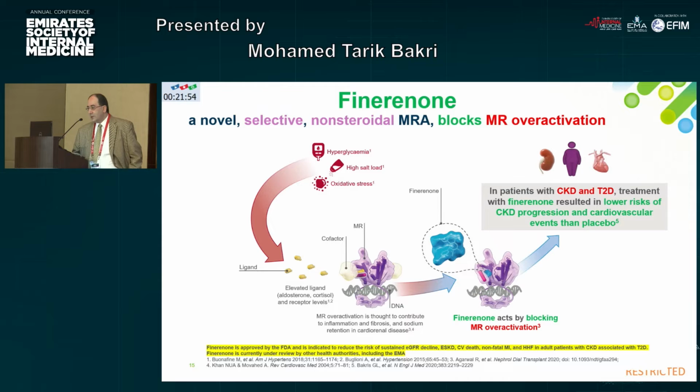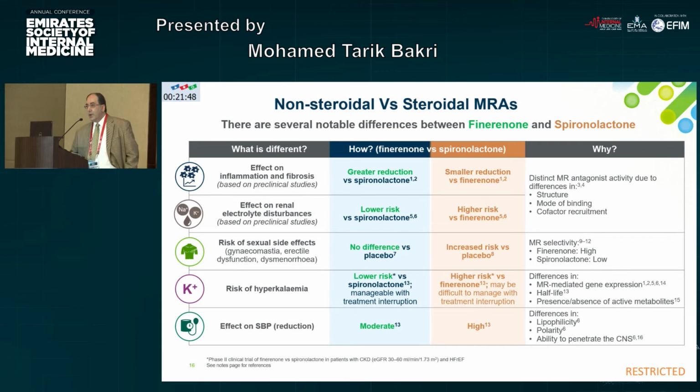And it is very important to differentiate Finerenone as a selective non-steroidal MRA from the other available ones, which are steroidal MRAs like spironolactone, because of the structure, which is more bulky, high potency, and very selective to the MR receptors, which differentiates it from the others in how it works and what the side effects are.